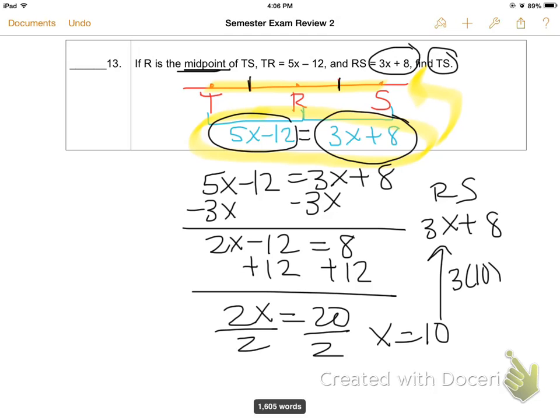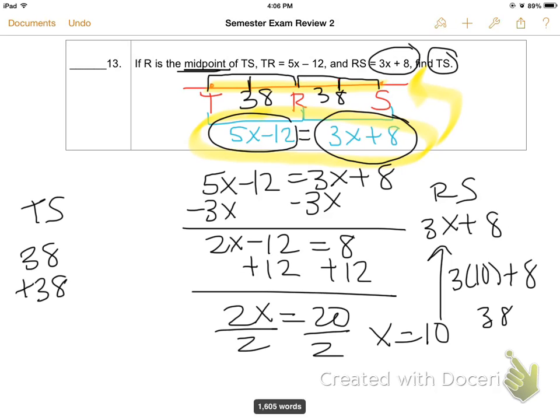So 3 times 10 plus 8 is 38. So I know that RS here is going to be 38. And since R is the midpoint, this over here is also going to be 38. So TS is going to equal 38 plus 38, so TS equals 76 altogether.